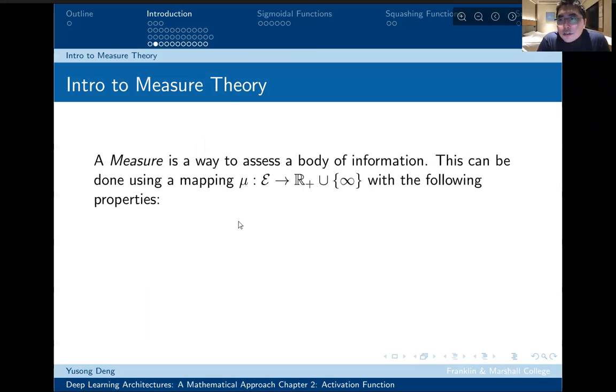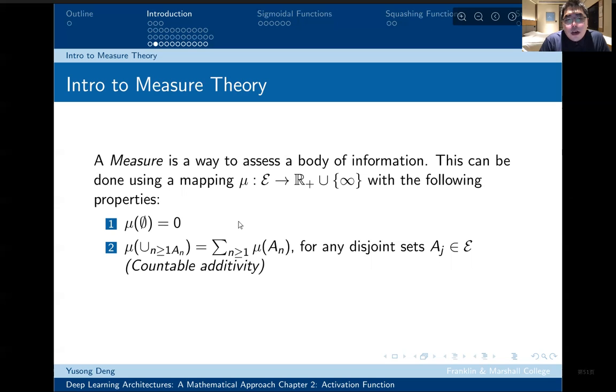So then we talked a lot about measure theory. What is a measure? Actually a measure is really simple. It is just a way to assign a size to a body of information. This can be done using a mapping, a function mu from that epsilon to the positive real numbers union with infinity, with the following properties. First of all, if you have an empty set, the mapping equals 0.